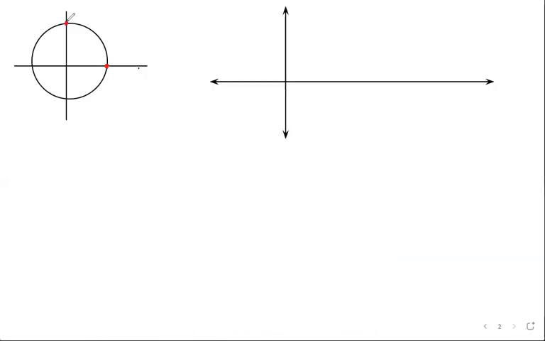I'm working on the unit circle like this, from 0 to pi over 2.